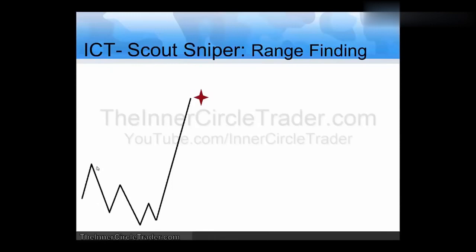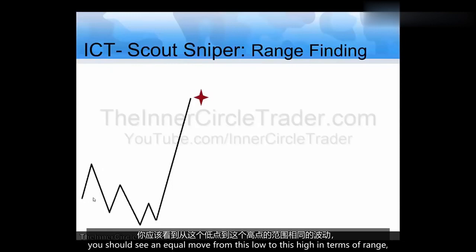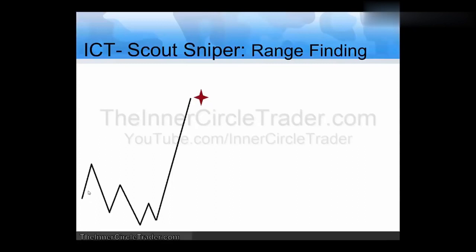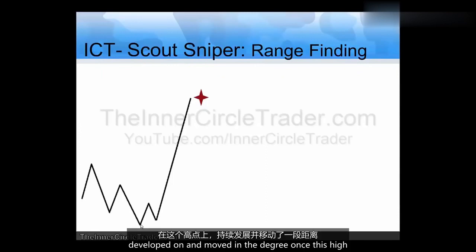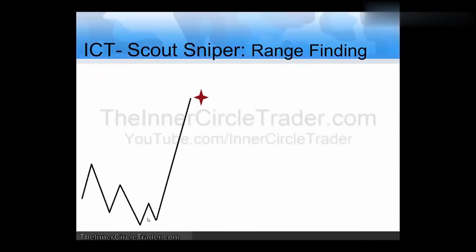Price swung up. Once it broke that low, you should see an equal move from this low to this high in terms of range, equal from this low lower, and you see that here. That same thing can be developed on and moved into the degree once this high is broken, and you see that here.